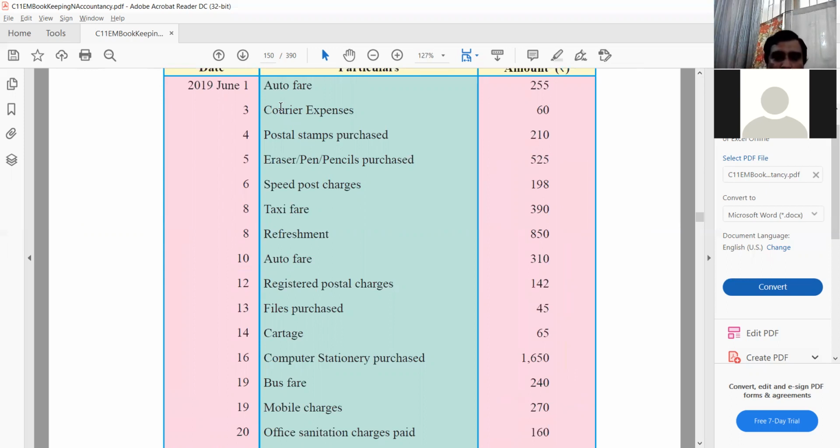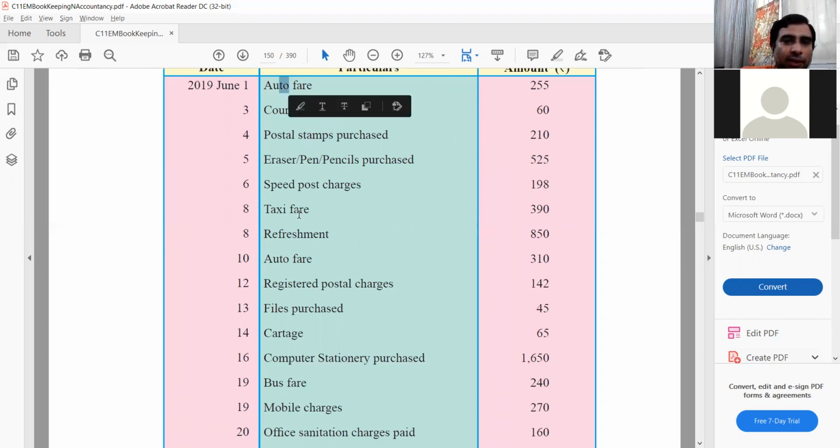Intuitively now you know that you have created certain columns. So courier and postage, right? This will both go in the same column, 60 and 210 on these respective dates. Auto fare and all is traveling and conveyance. So the traveling and conveyance column will have auto fare, it will have taxi fare, it will have bus fare.